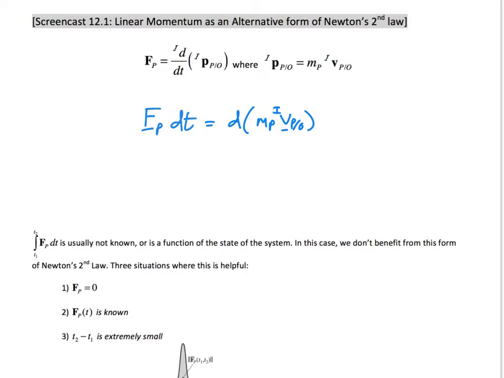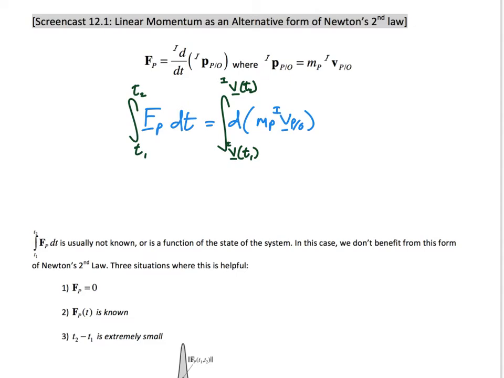And so that gives us an integrating variable dt on the left-hand side and an integrating variable of dv on the right-hand side. So our boundary conditions on the left-hand side are t1 to t2, and on the right-hand side are the velocity at t1 and the velocity at t2.